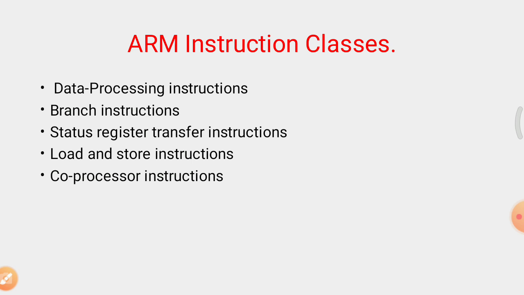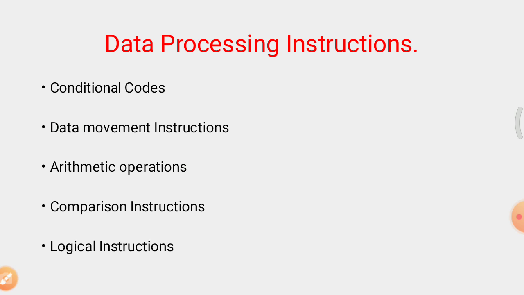There are different types of data processing instructions where the data is stored into registers and is manipulated or processed. First we will see the conditional codes that are used as a suffix for any of the instructions. The conditional codes are not instructions, they are if conditions which are applied to an instruction to be executed.